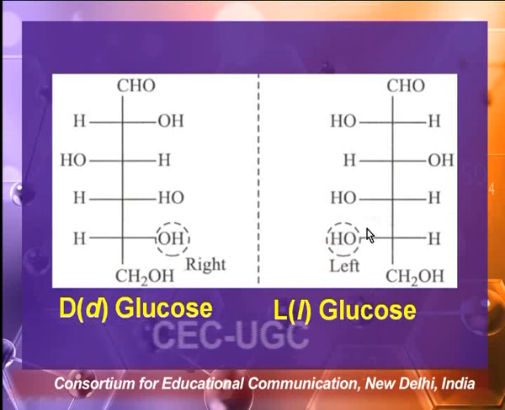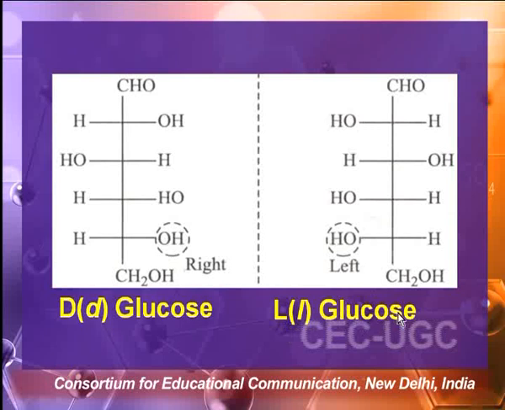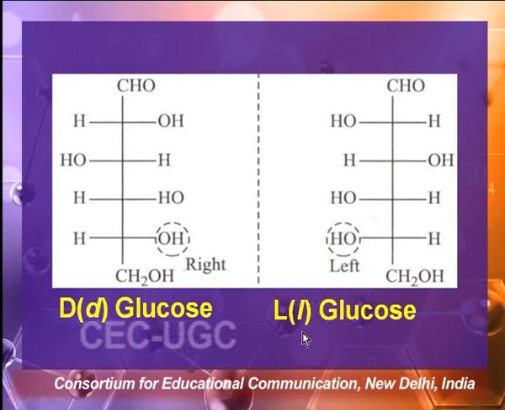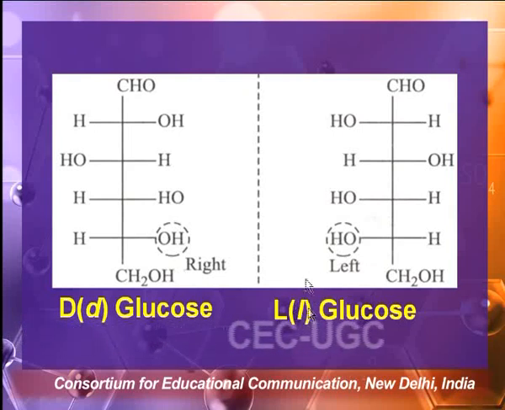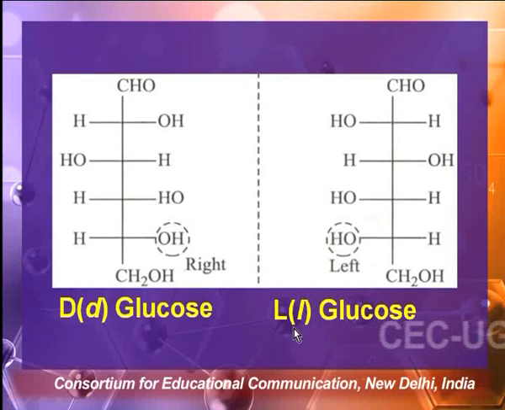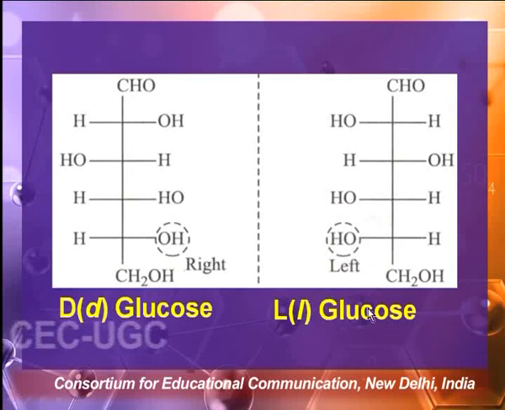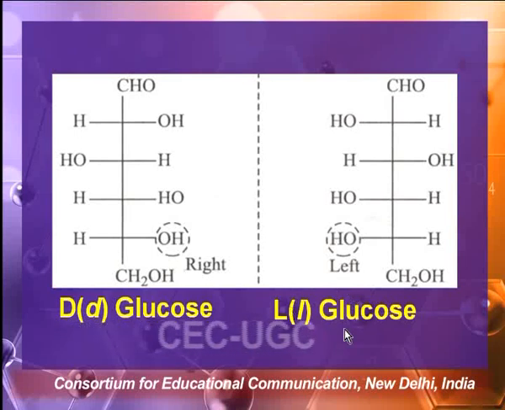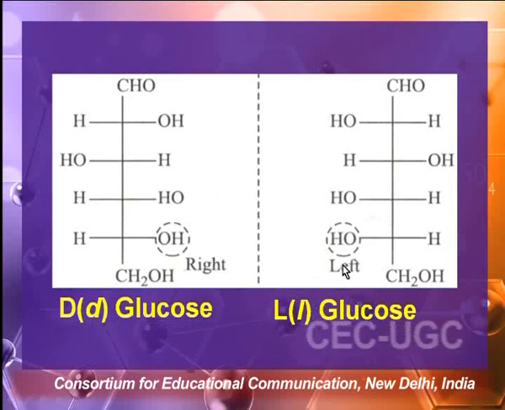So here we are now talking of glucose, which is again having L configuration, right? Here this is a misprint. An L indicates here that this molecule is levorotatory, but we know that glucose is dextrorotatory, right?